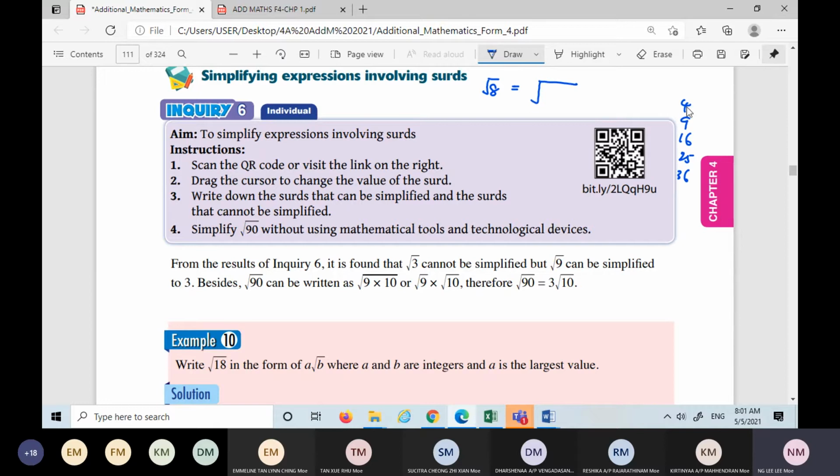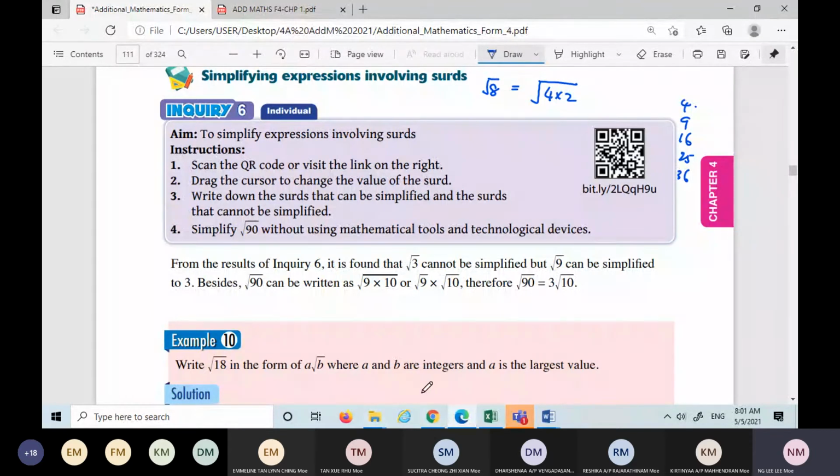See if any of the perfect squares is a factor of this or not. Here is 8, so you see if any perfect square is a factor of 8 or not. You spot this one, 4. 4 times 2 you get 8. This is how you start with the simplifying.